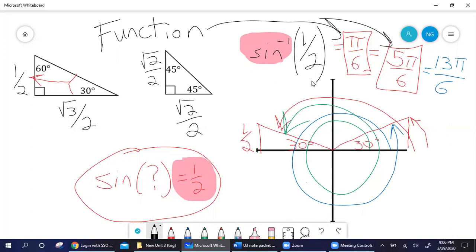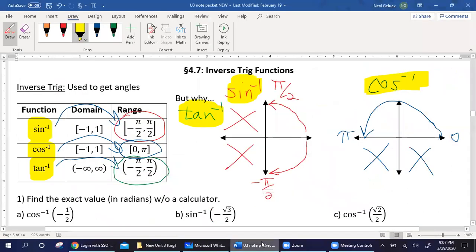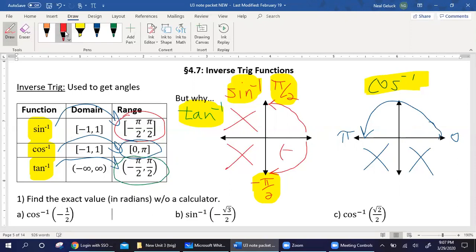We can't say inverse sine of 1/2 on a calculator and let it spit out infinitely many answers. So they said, let's only look for inverse sine between these two angles, -π/2 and π/2. That covers negative possibilities on the bottom and positive possibilities up top.